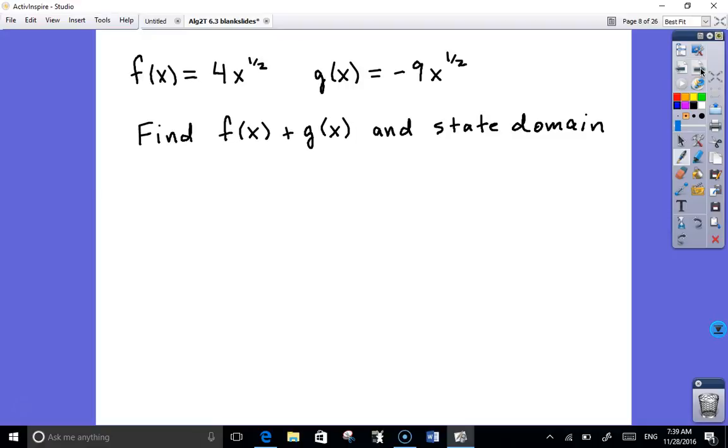So let's see, f of x plus g of x. Remember, you can't always add radicals. Can you add these radicals? Remember, what has to be true for you to be able to add them? The same index and the same radicand, right?